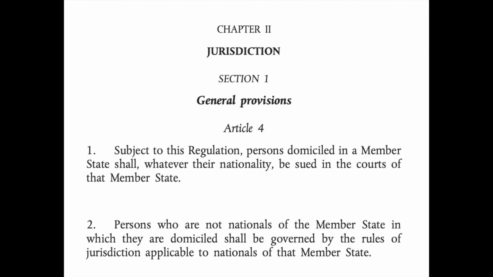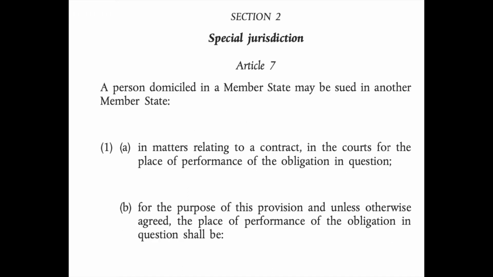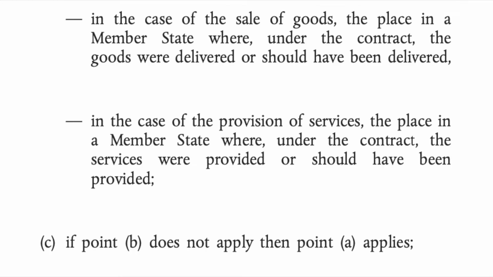But if there is a contractual claim, then the jurisdiction should be based on Article 4 of the Brussels 1 bis regulation and Article 7.1. Some of you have used in the contractual claim Article 7.2 of Brussels 1 bis regulation.